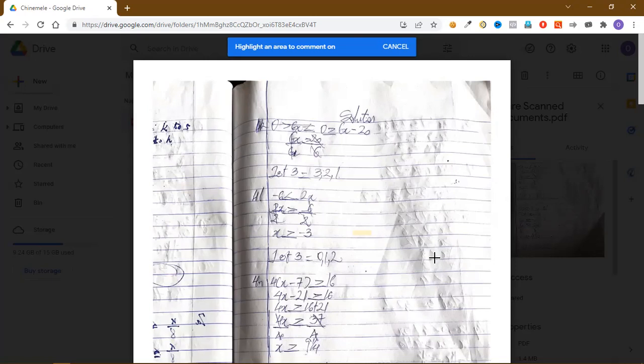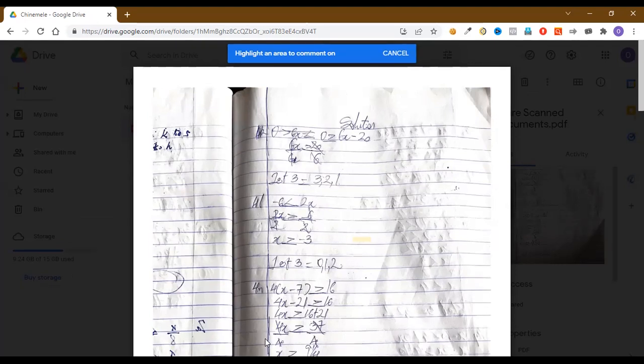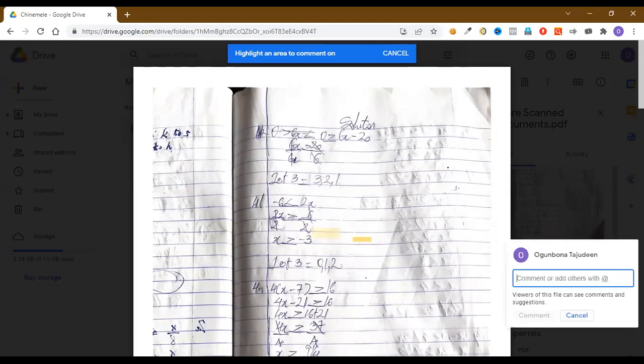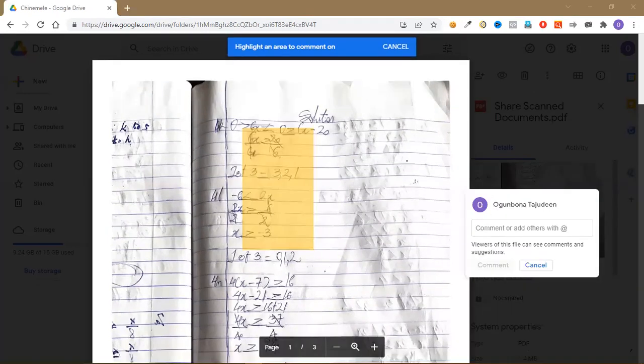Now, the next one is 4x. Maybe I can even paste this on the notebook itself. If that is possible, it will be easier to mark. Let me see if I can do that. I can easily do that. We just go there sharp, sharp, without wasting time.